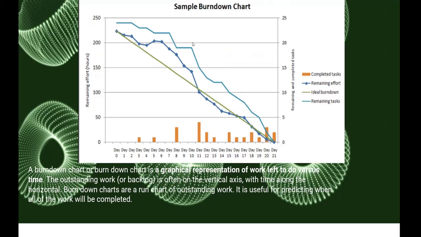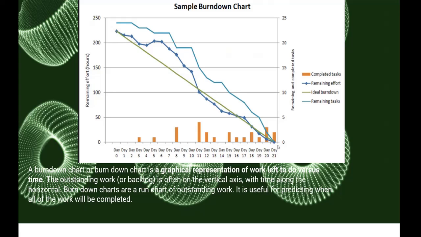Okay, so for example, I need to do 230 story points, right? So they are saying that the remaining effort is 230, and from day 0 it is 230. Then day 1, this is the ideal condition.